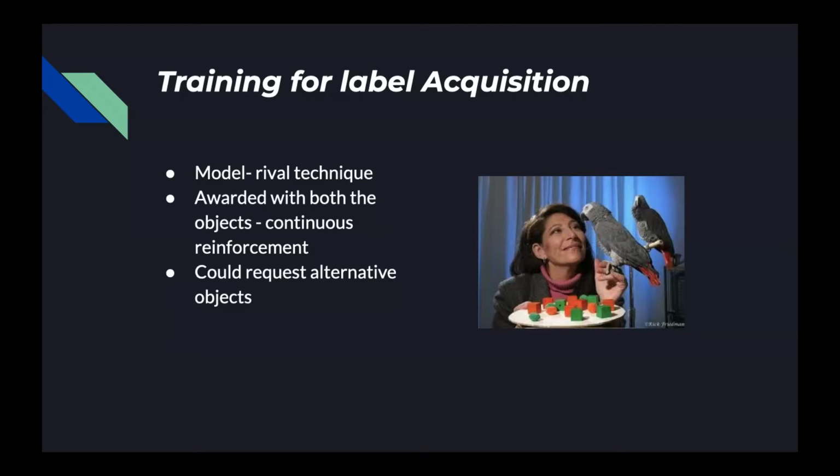He can also introduce multiple objects and ask how many, or introduce only one object and ask what's this, right? So he would ask multiple questions depending on the objects. What's this? What color? What shape? How many? All right, to completely test Alex and successfully carry out the model rival technique.